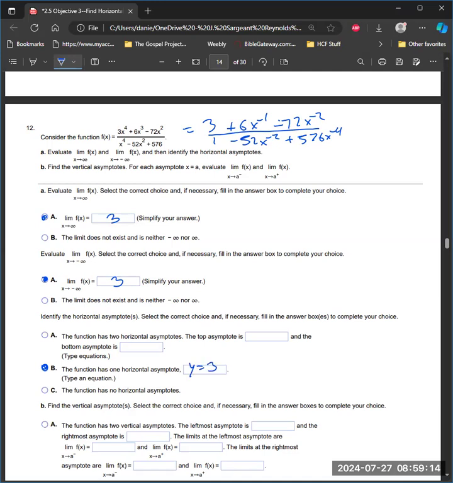Let's look at factors of numerator and denominator here. 3x squared times x squared plus 2x minus 24 over, and this is going to be x squared minus an x squared minus 576.